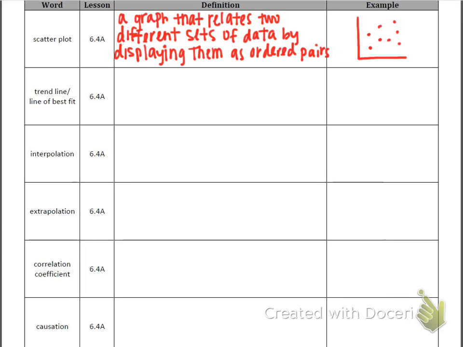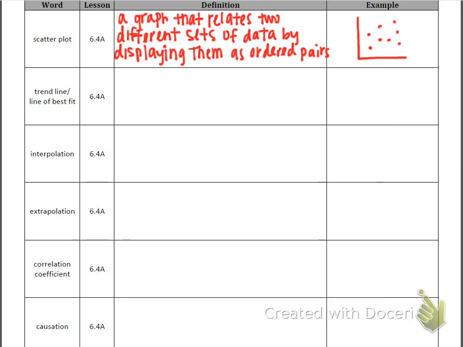So it basically is a bunch of dots that are scattered throughout the graph. Now, with a scatter plot, we leave it as discrete data, obviously, because each point represents a different person or a different piece of data. What we are going to be doing is trying to take that data and fit a line to most of the points to best represent so that we can make predictions. So we call it a trend line or a line of best fit because it's the best that we can do with the data.